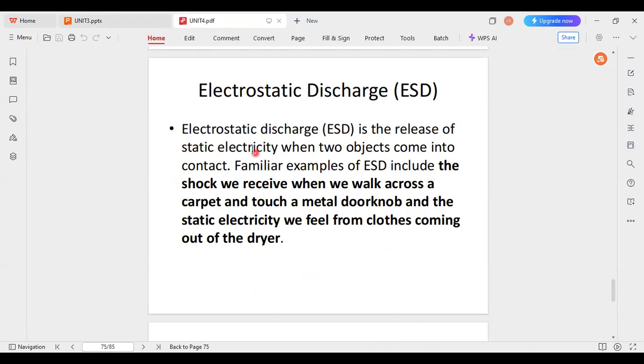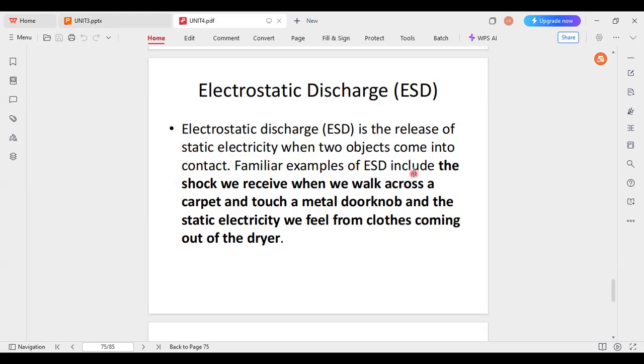So what does ESD mean? The abbreviation for ESD is electrostatic discharge. It is the release of static electricity when two objects come into contact.